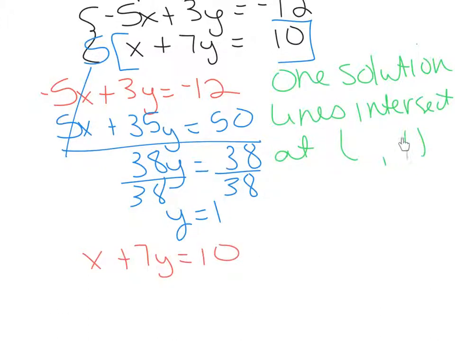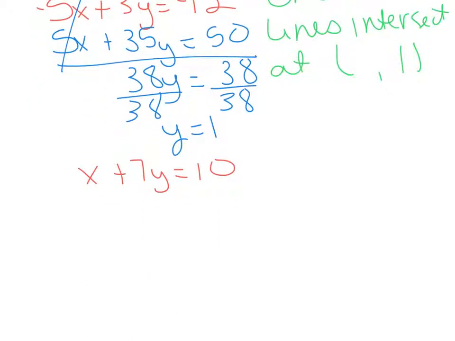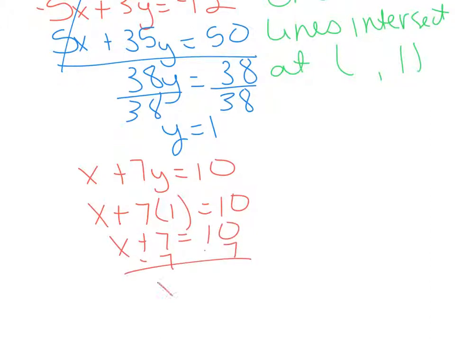We're going to substitute a y of 1 here. So that's going to say x plus 7 times 1 equals 10, which is of course 7. Isolate x. We get x equals 3, and that will be your x coordinate here.